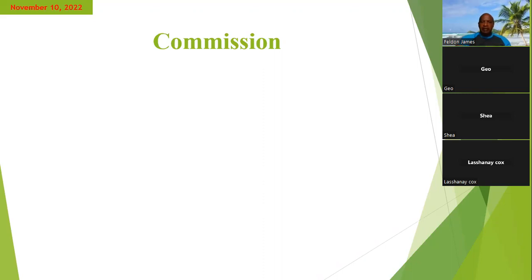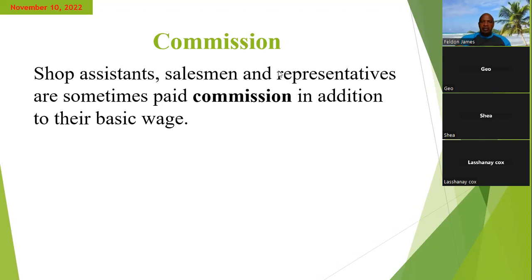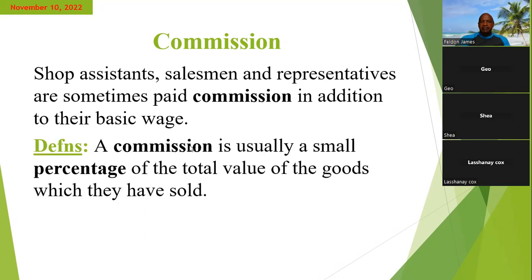Yes, sir. All right, so shop assistants, salesmen, and representatives are sometimes paid commission in addition to their basic wage. A commission is usually a small percentage of the total value of the goods which they have sold.